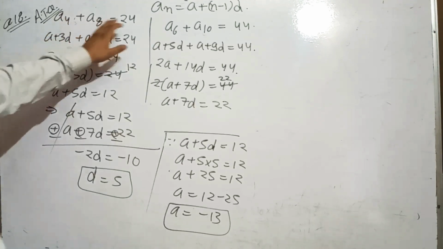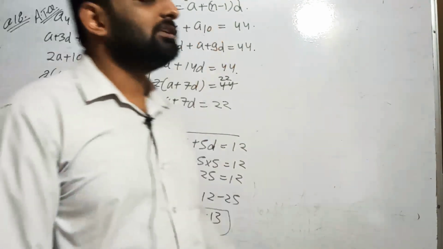So the sum of the fourth and eighth term of an AP is 24, and the sixth and tenth term of an AP is 44.